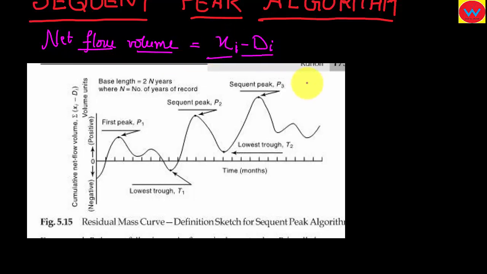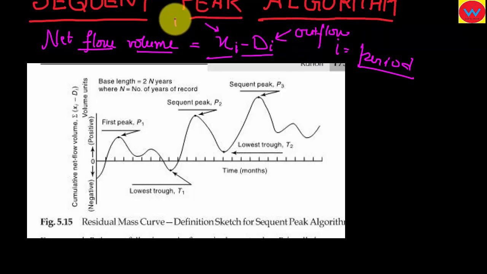So xi is your inflow volume and di is your demand at the ith period. i is your period, and xi, the inflow volume, minus di, the outflow volume. This is your outflow, xi is inflow, and subtracting these two we get the net flow volume.